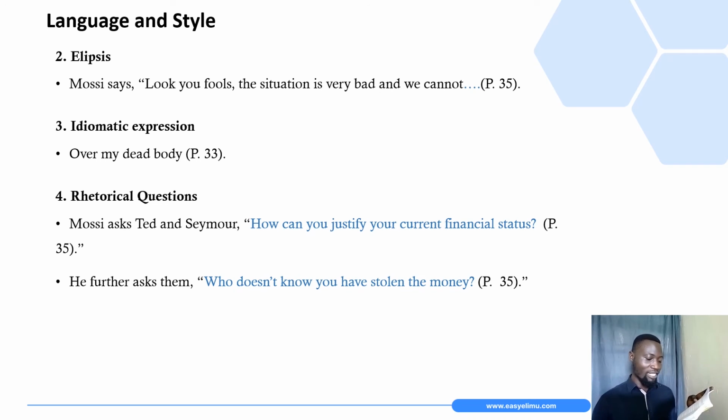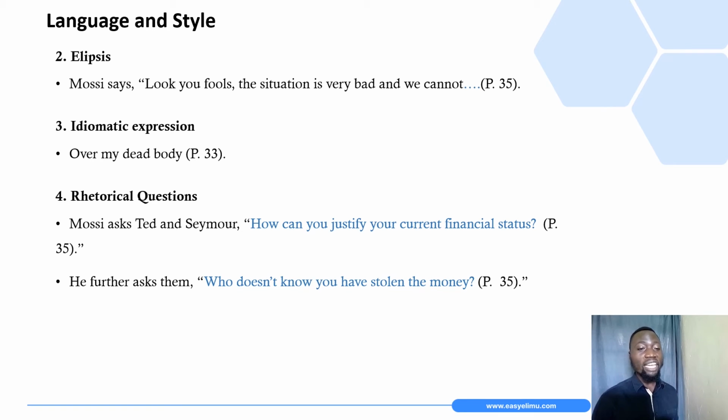So when Seymour is trying to convince Mosi to do some reallocation of budget, when he tries to convince Mayor Mosi that they just need to do some reallocation of budget line items, but Mosi says over my dead body. What you're suggesting is illegal. The law is very clear.